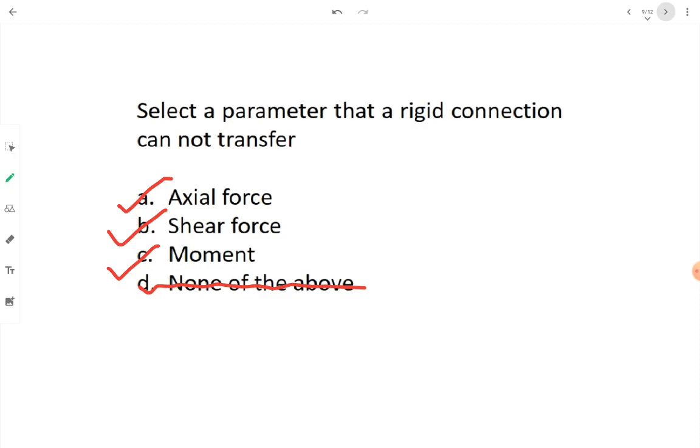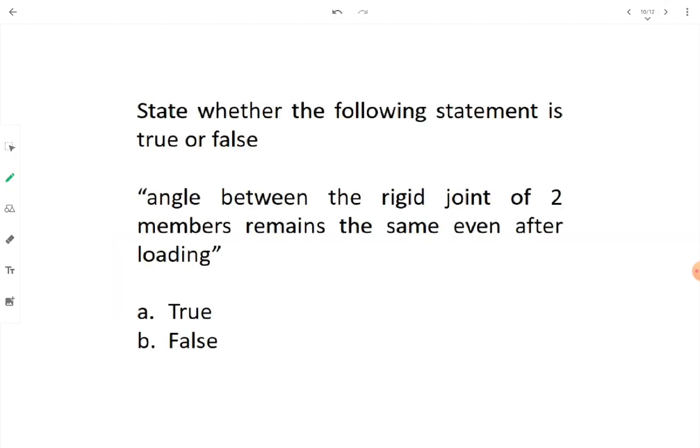Let's go to the next question. State whether the following statement is true or false: the angle between the rigid joint of two members remains the same even after loading. Yes, when the two members are joined rigidly, then the angle between them, for example, in an L-shaped connection at 90 degrees, will remain.